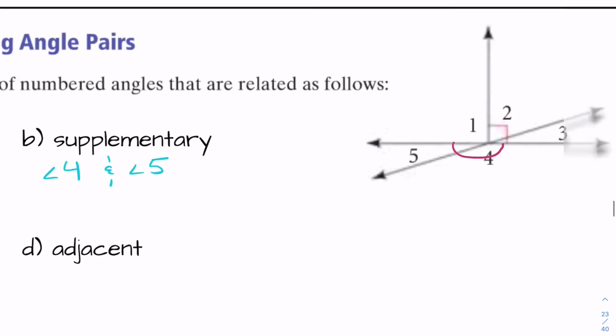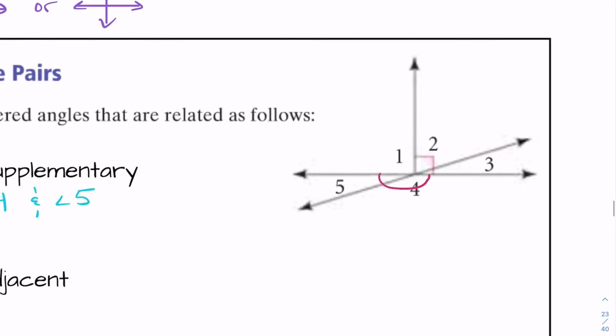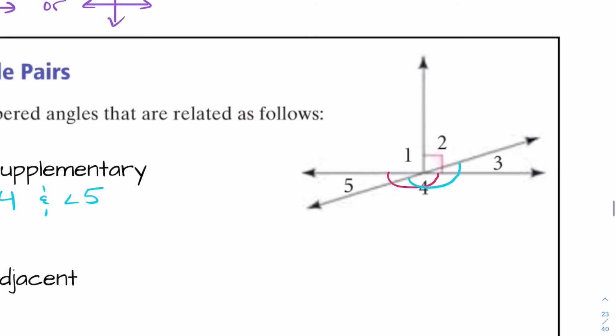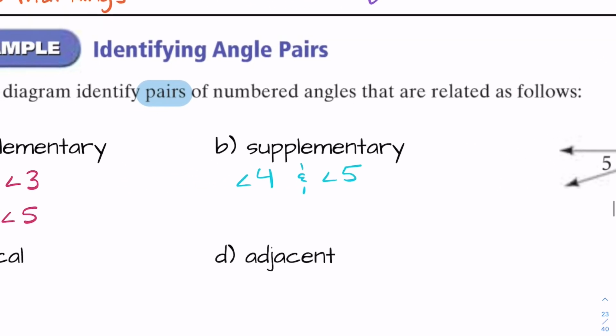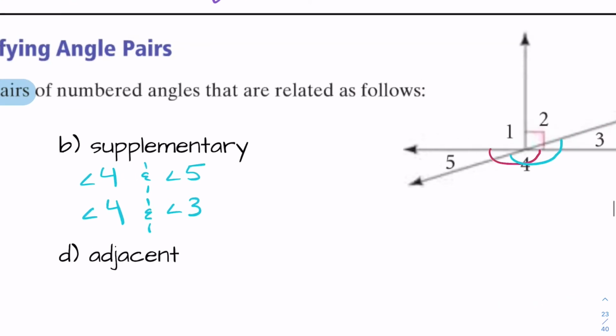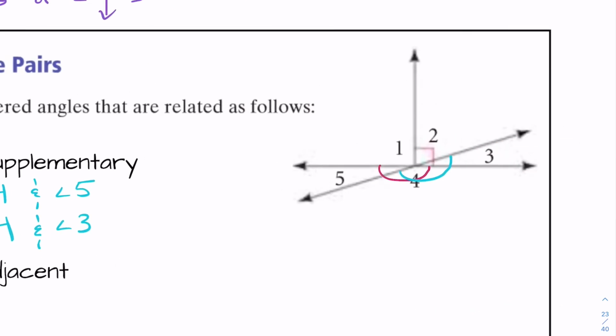Wherever I'm able to swap out a 5 with a 3, we can do that. But take a look at this. That is also supplementary there, so we're going to say angle 4 and angle 3. We didn't really need to swap it out because it was stationary. We could use 3 as being the angle with 4, or we could use 5 with 4.